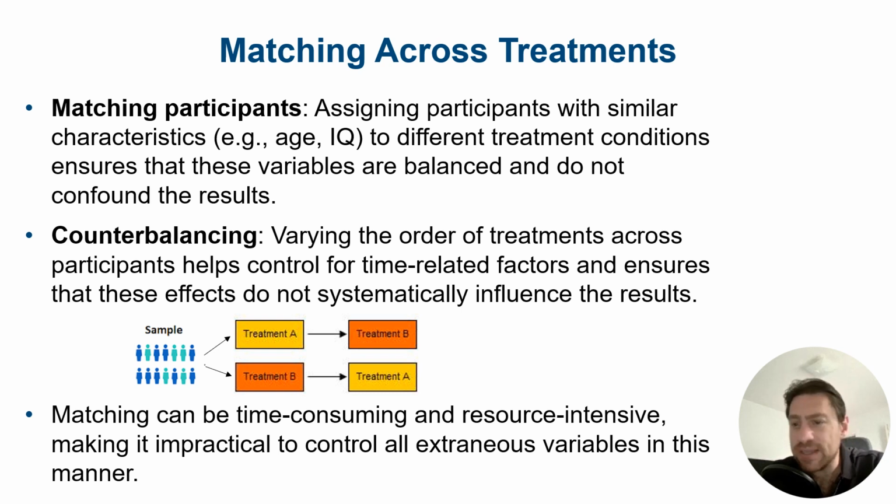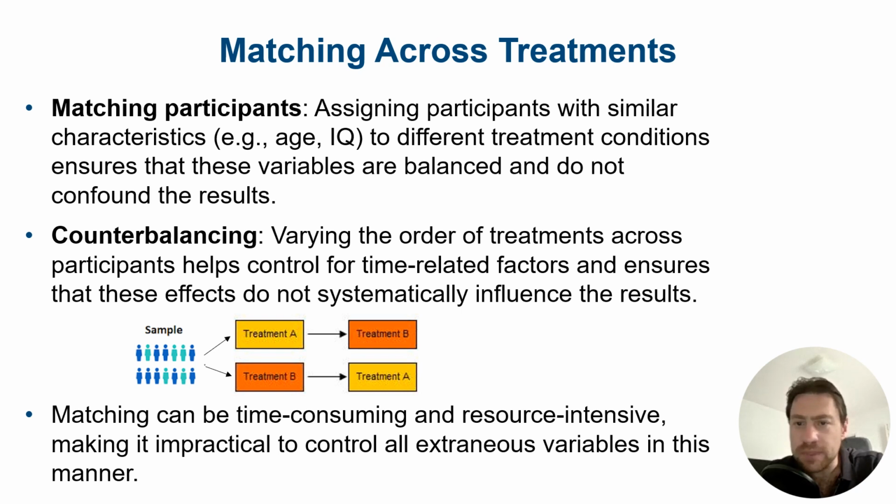So let's say you're testing the effects of different genres of music on problem solving, an example that we've used before. What you want to do is make sure that the order in which people experience these different conditions isn't the same for everyone in your study. And this technique of shuffling the order for different participants is called counterbalancing. And we'll talk more about counterbalancing later on in the course.